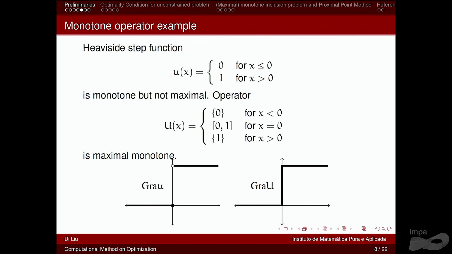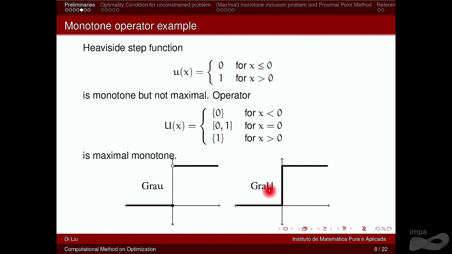Next, we will give you two examples. We say the first function, okay? The graph is here. We say this is monotone, but this is not maximal, okay? Because the graph of the small u can be contained properly in the graph of the capital U, okay? We say here this operator is maximal monotone. You say it's monotone because it doesn't decrease geometrically, and it's maximal because it cannot be contained properly in another monotone operator.